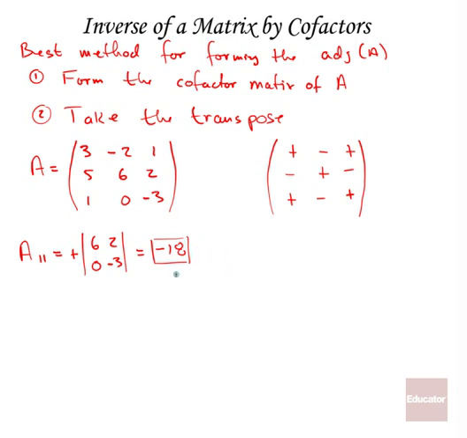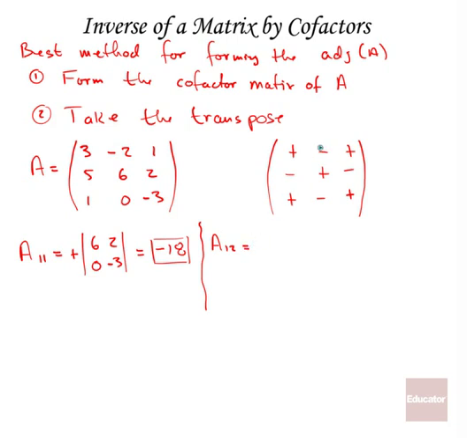Now we'll go to A12. This is the cofactor for the entry in the first row, second column, so it's a minus sign.